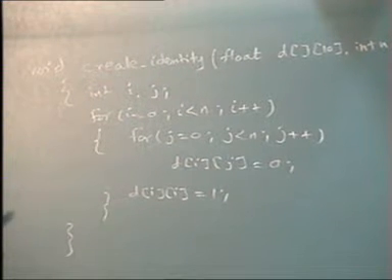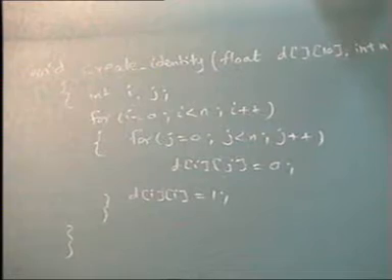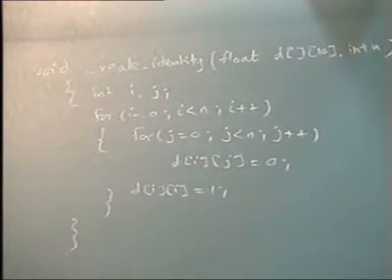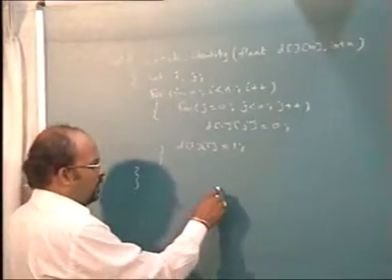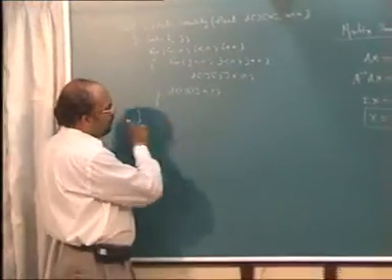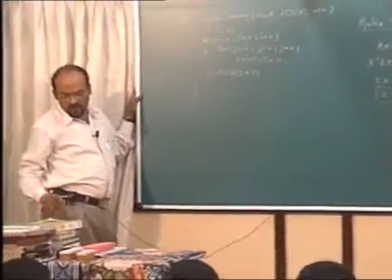This will create that identity matrix, and then we are required to perform the operations. Better you make a note of this, and then we'll go ahead.